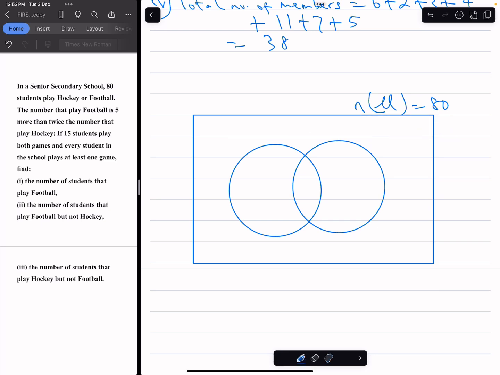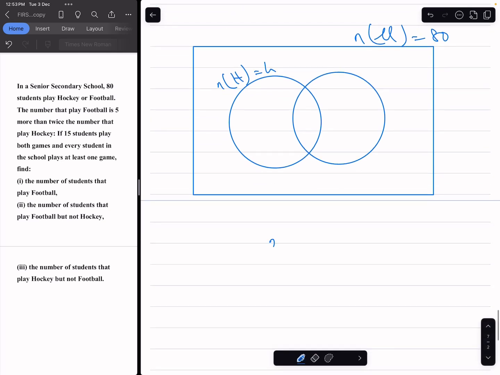students that play football. Now the question says the number that play football is 5 more than twice the number that play hockey. Let the number of elements in the set H be H. Twice the number that play hockey is 2H. 5 more than that will be 2H plus 5.